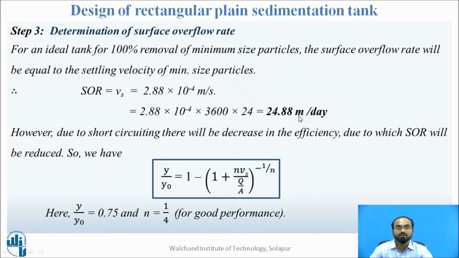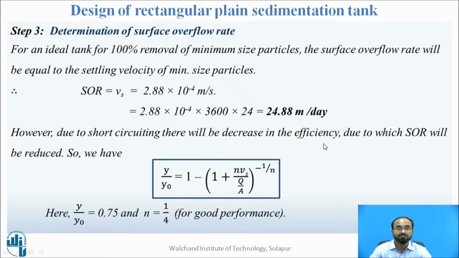However, due to some kind of short circuiting, like sometimes due to heavy wind, the velocity may increase or decrease. Some abrupt changes may happen, due to which short circuiting can take place. So, we have to assume that condition too. Due to short circuiting, there will be a decrease in the efficiency, due to which SOR may get reduced.